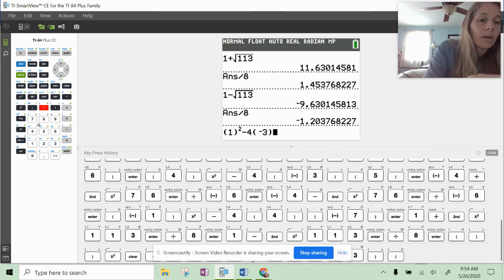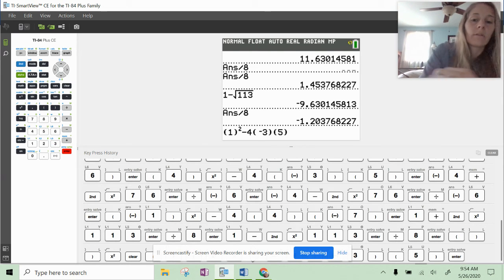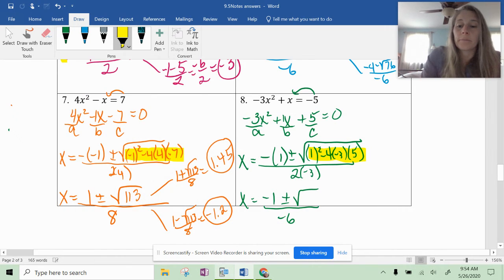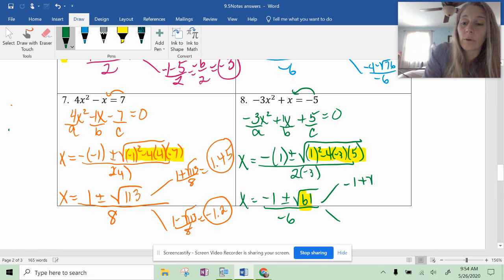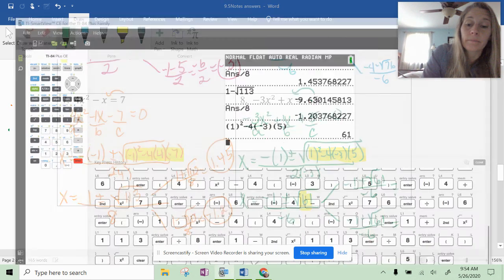Negative 3 times 5. We have 61 in there. So now that's not a perfect square, so we're going to split it up. Negative 1 plus radical 61 over negative 6. Negative 1 minus radical 61 over negative 6. And we're going to get our 2 decimal answers.